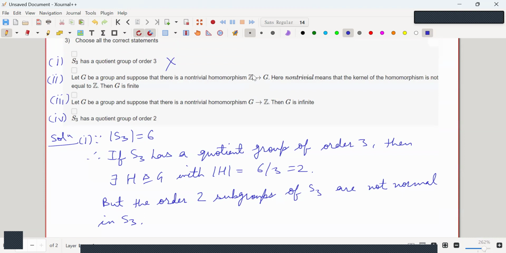But that doesn't conclude that the order of A cannot be infinite.